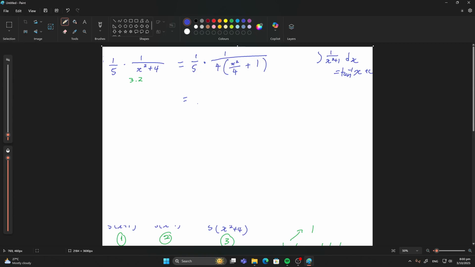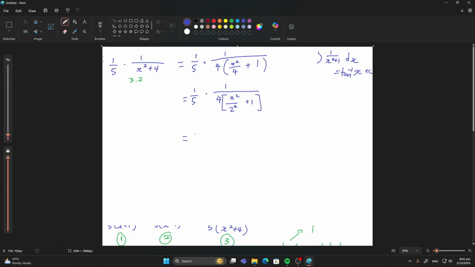I can't really see it still. Let me try to rewrite it. Maybe I should write it as x over... Okay, I'm gonna do it very slowly. x squared over 2, squared, plus 1.